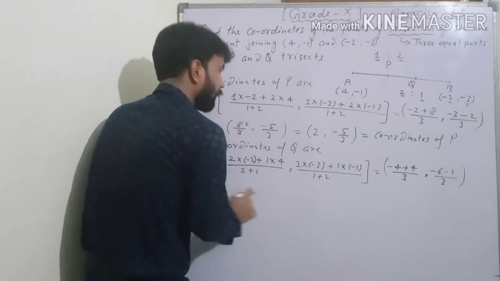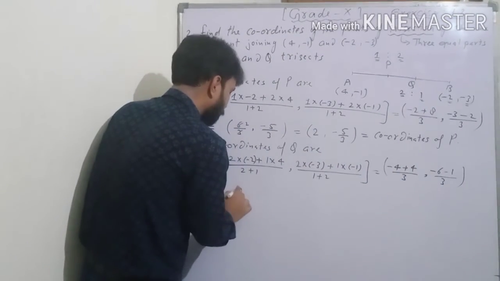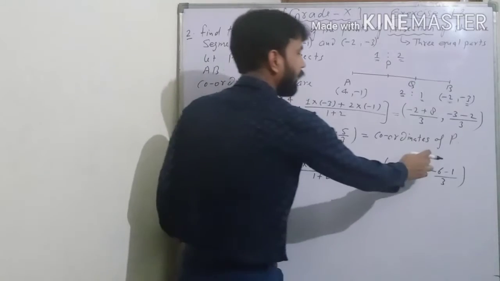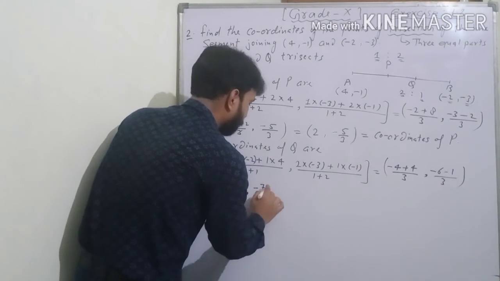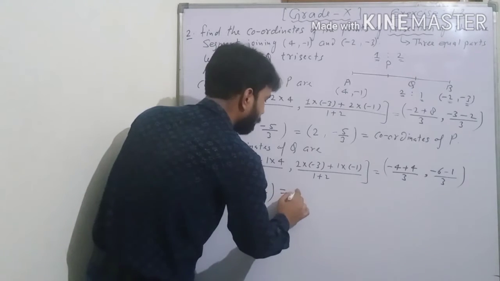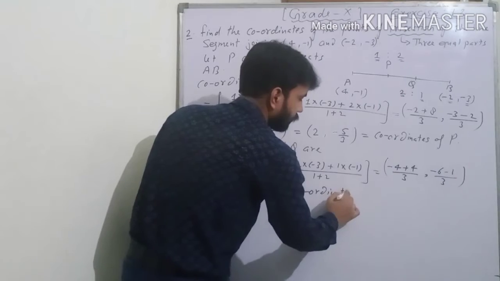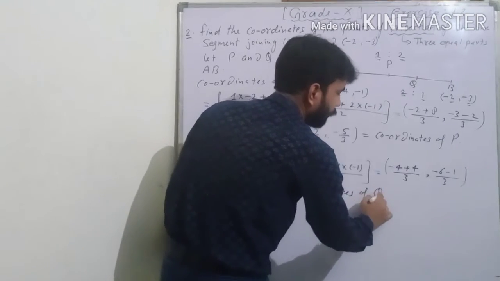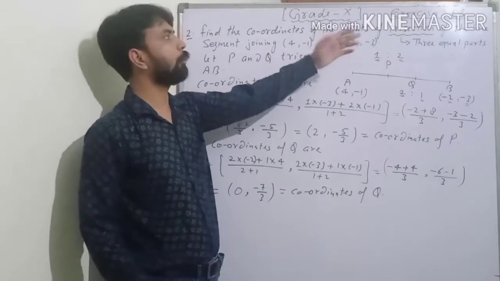See, minus 4 plus 4 is 0, or 0 upon 3 gives you 0. Minus 6 minus 1 is minus 7 upon 3. So this is coordinates of point Q.